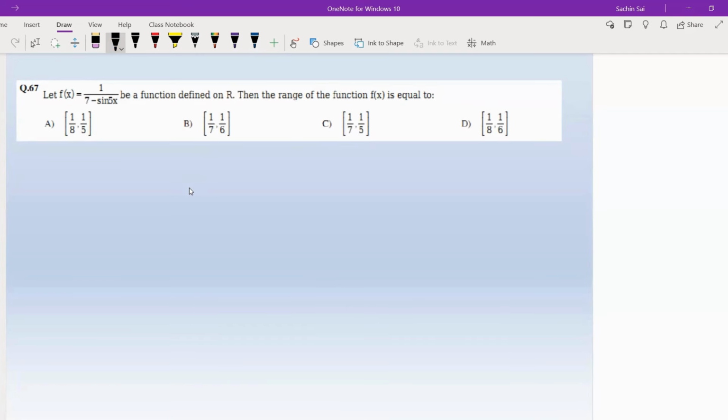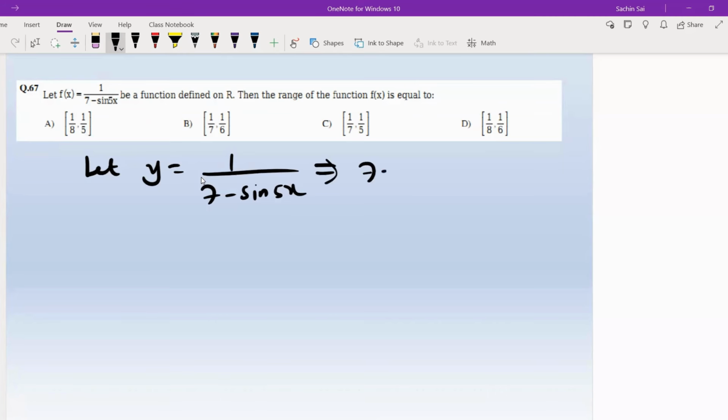Question 67, f of x is 1 by 7 minus sine 5x. Okay, so let y equal 1 by 7 minus 5 sine x. From here, I can say 7 minus 5 sine x equals 1 by y, which means sine 5x equals 7 minus 1 by y, right?